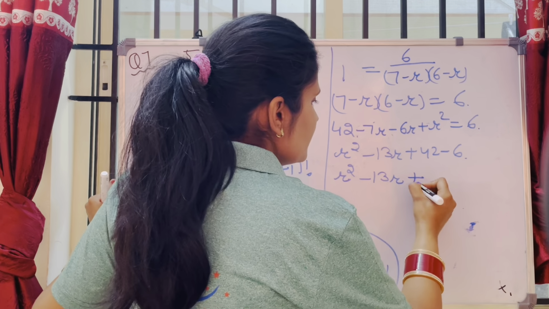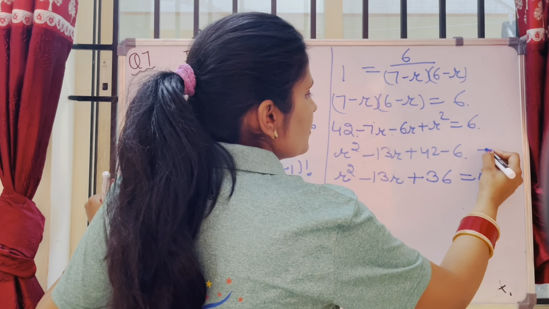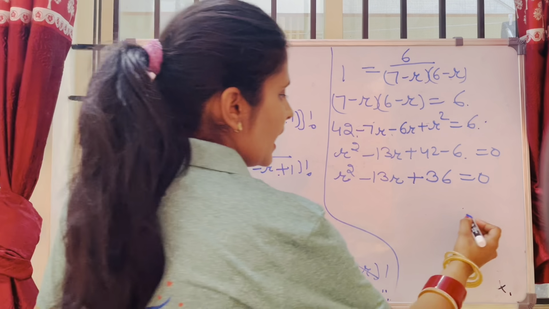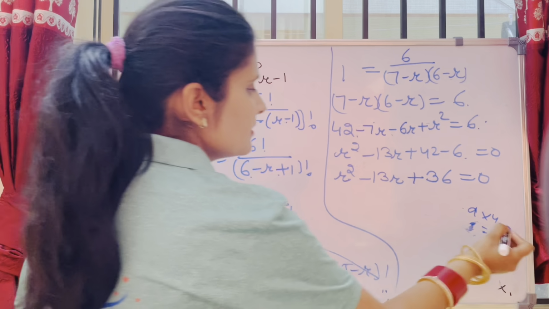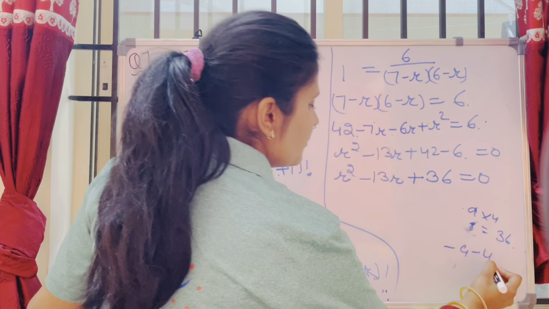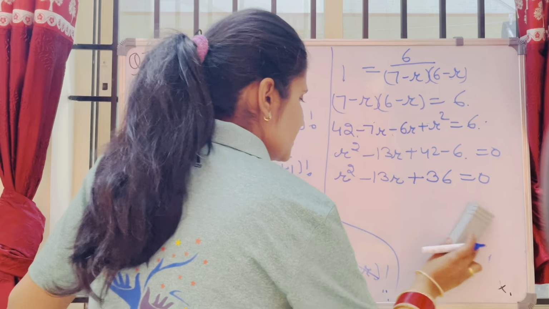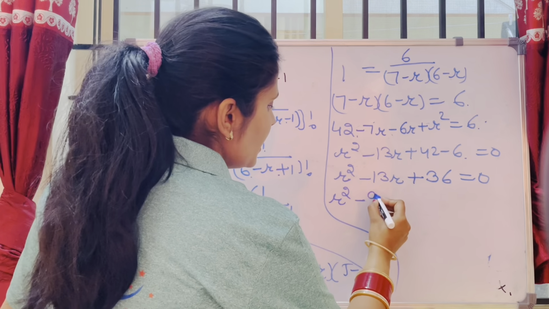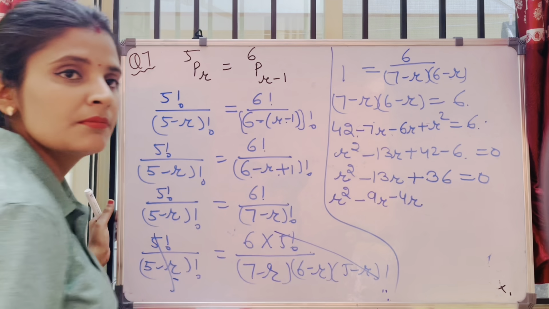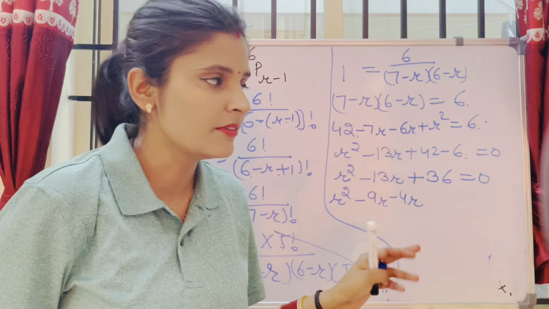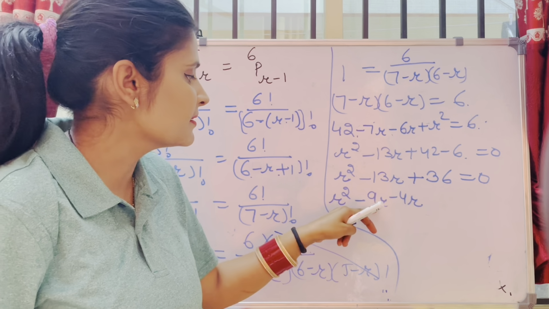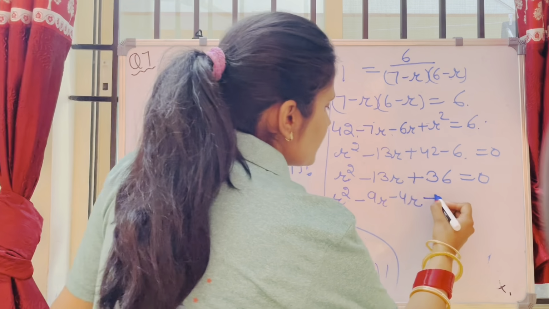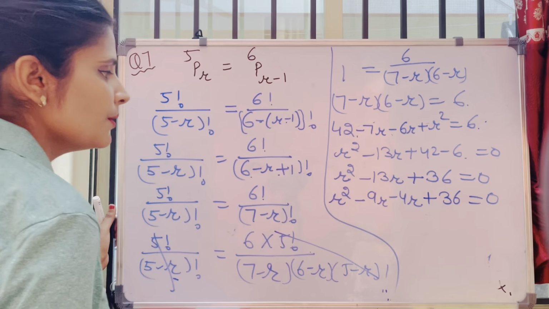That is r square minus 13r plus 36 is equal to 0. So 9 into 4, that is 36, and minus 9 minus 4 is equal to minus 13, right? So r square minus 9r minus 4r plus 36 is equal to 0.